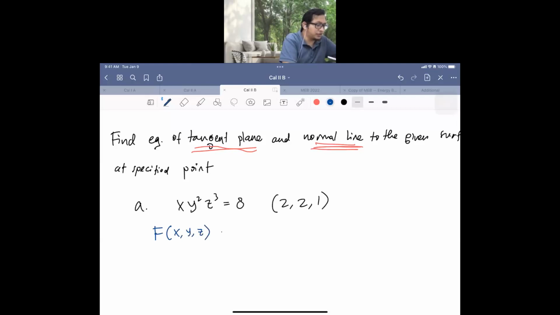So let's define the function as this. Okay.